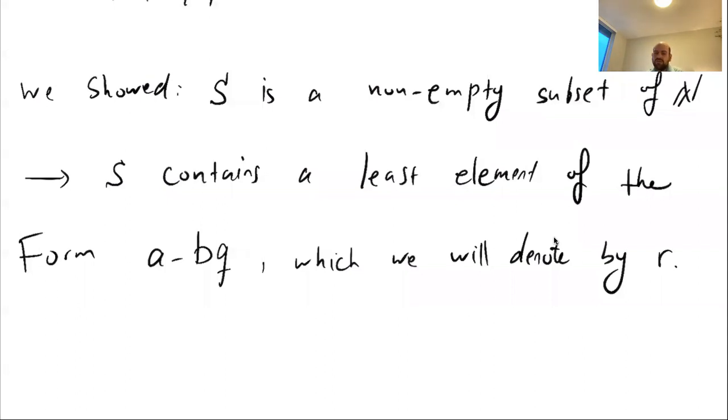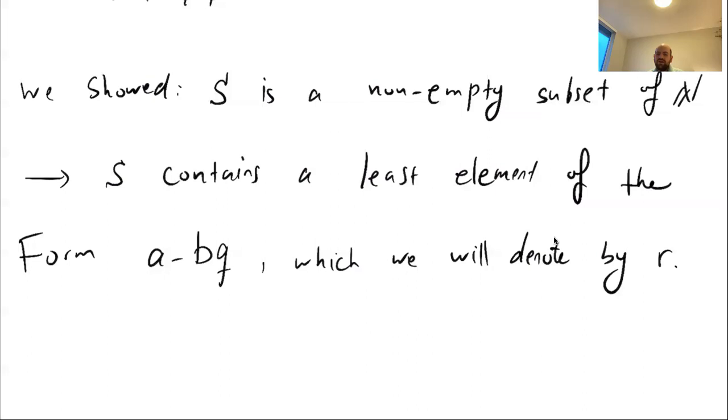Instead of m, I'm just calling it q, the value that leads to the least element of S. And this expression a minus bq, I'm going to denote it by r. And this r again is the remainder that we are looking for.